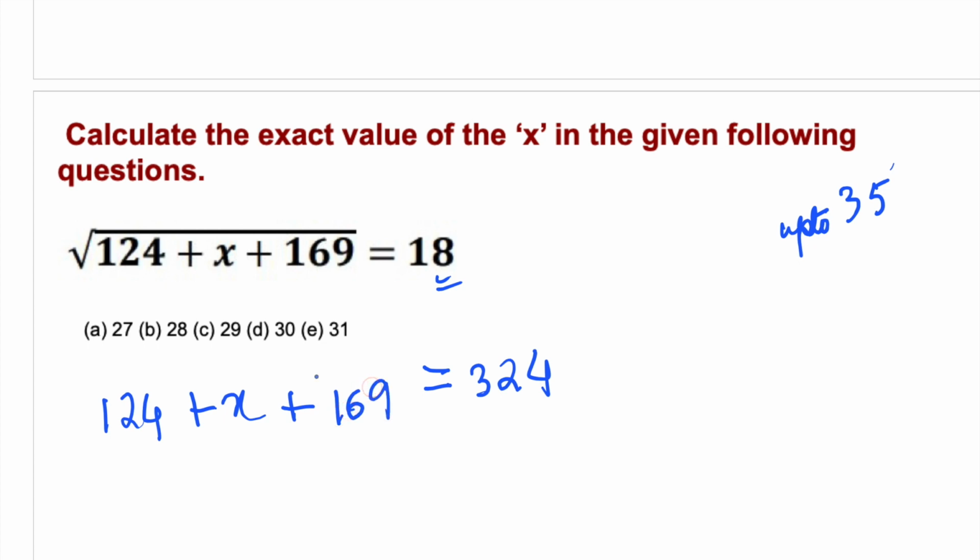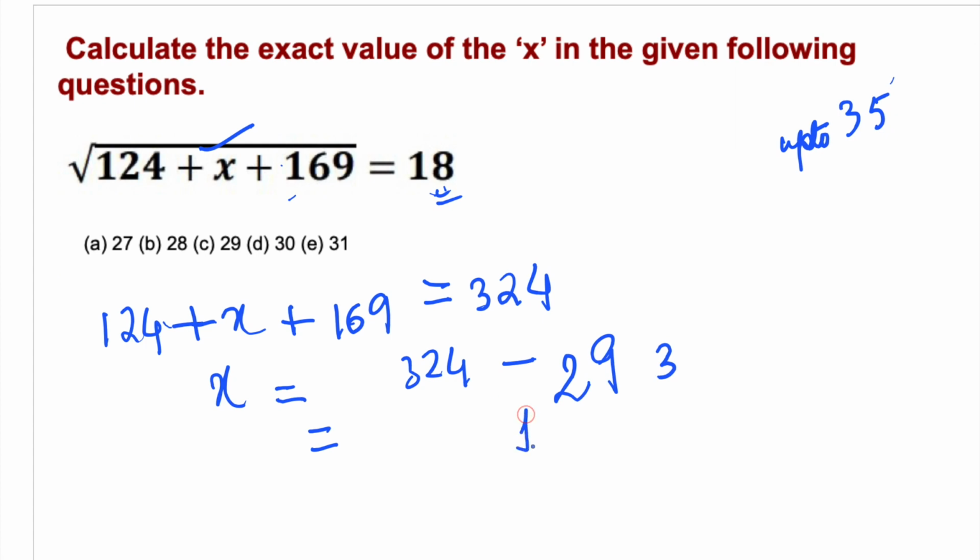So what am I doing here? I am just removing the square root, and for that I am squaring both the sides. So x is equal to 324 minus 293. So x is equal to 131. So option E is the answer.